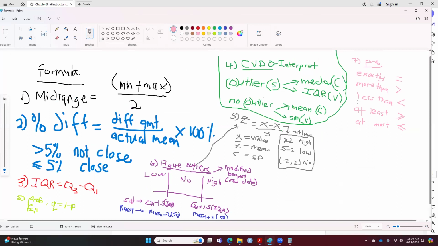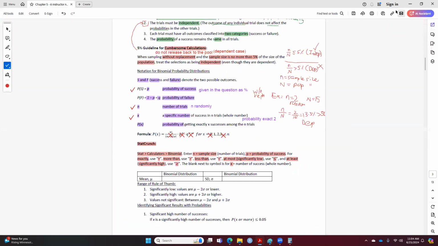At least is also used for significantly high, and this is used for significantly low. So if a question asks for significantly high, make sure you use this symbol. Significantly low, also make sure you use the other symbol. Just want to point that out to you guys.